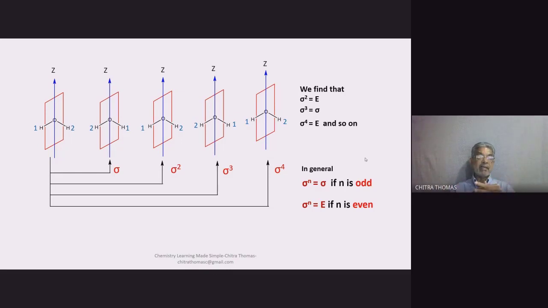The Cn can generate n operations, and the sigma can generate two operations. And Cn to the power n is identity whether n is odd or even. E to the power n is identity whether n is odd or even. But in the case of the mirror plane, if n is odd, sigma to the power n is sigma. If it is even, sigma to the power n is identity.